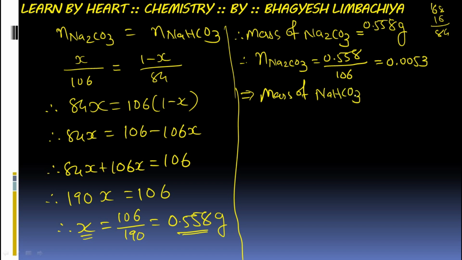Similarly, mass of NaHCO3, it was 1 minus x. So 1 minus 0.558, by subtraction we are getting 0.442 gram.